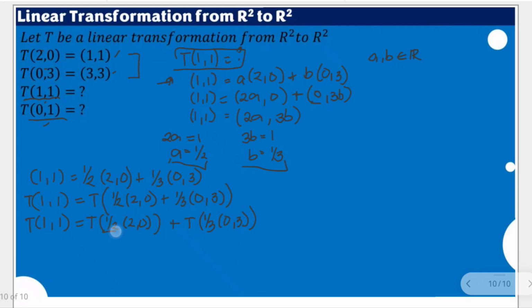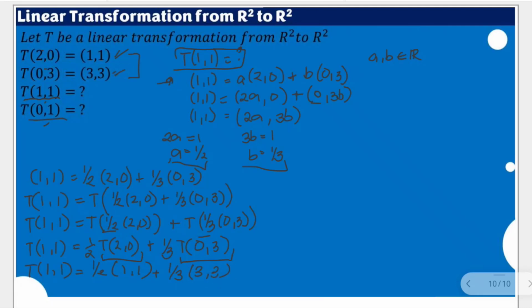Aside from this, we have these constants here, so we can take them out. So you have 1/2 the linear transformation of (2, 0) plus 1/3 the linear transformation of (0, 3). So we have this value or vector already, and we have this vector as well. So substituting that, the linear transformation of (1, 1) is 1/2 the linear transformation of (2, 0), which is (1, 1), plus 1/3, and the linear transformation of (0, 3) is (3, 3) given here.